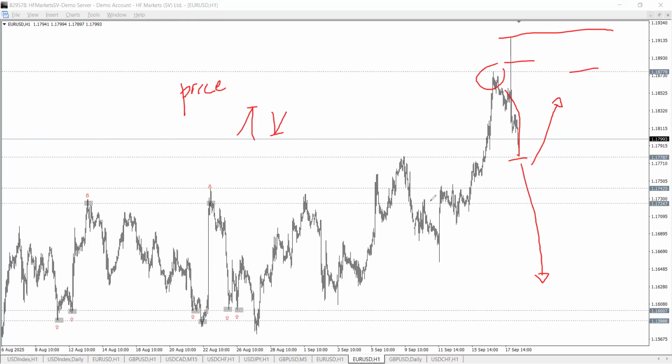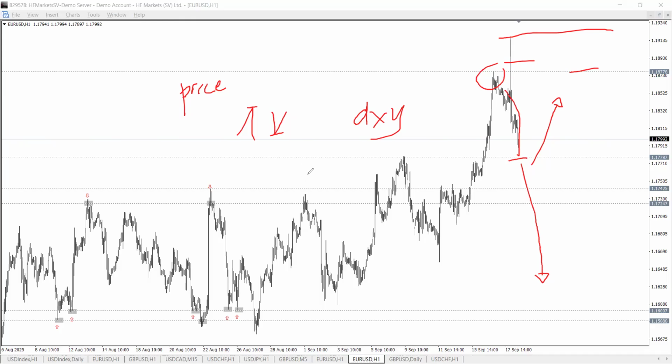One thing I would always say is keep an eye on the DXY, the USD index, very, very important. It helps to identify directional bias. If you check the DXY now as we speak, it's at the lows of this year. So it's going back to test the lows of this year.